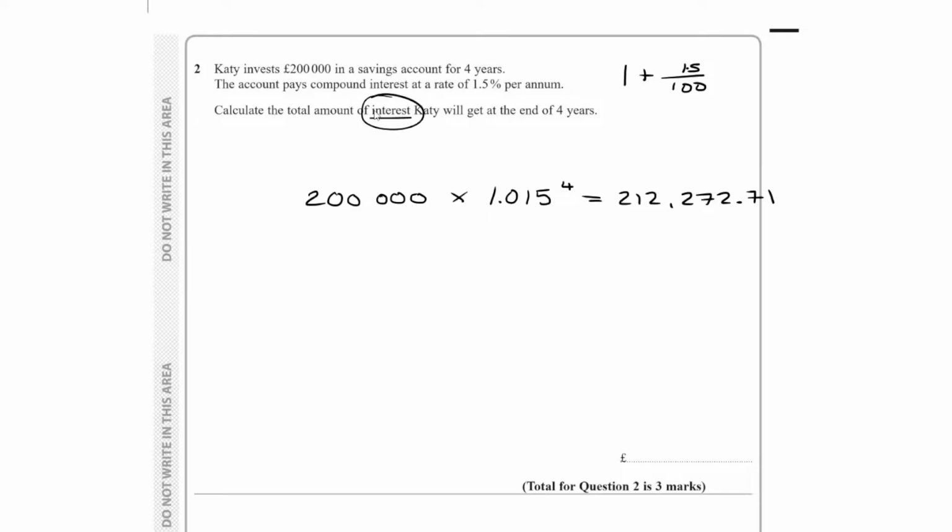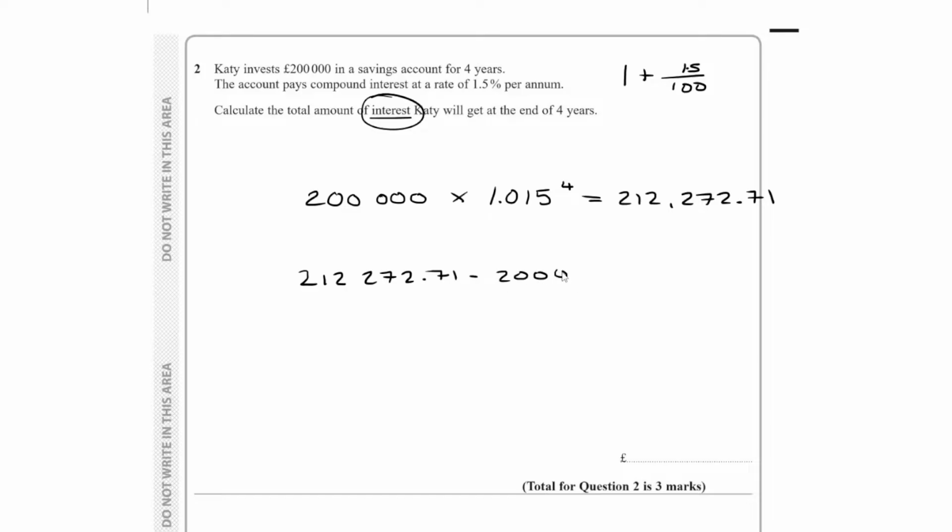But in this case, because that's why I obviously underline the interest, they've actually asked for just the interest. This is the figure that Katie will have at the end of 4 years, but it includes the original 200,000. The interest is just the amount of money additional that's been added. So obviously you just want to subtract it. You can obviously see what the answer would be from there, but just write it down to get the method marks.